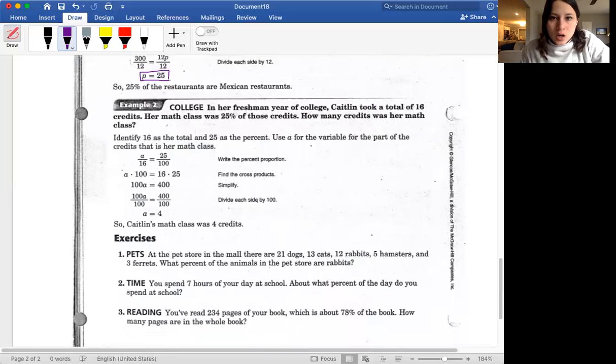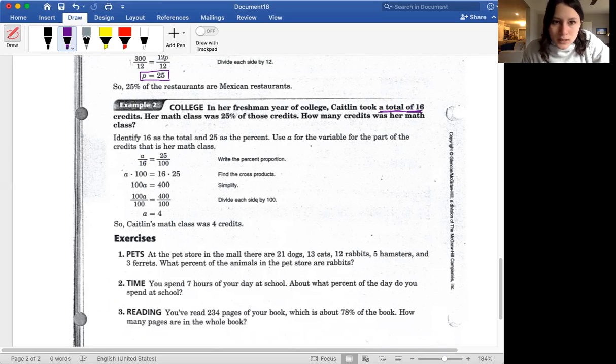In her freshman year of college, Caitlin took a total of 16 credits. Her math class was 25% of those credits. How many credits was her math class? So we have the total, and it's even very clearly stated for us, a total of, right? And you see that the word of is what's out of that.